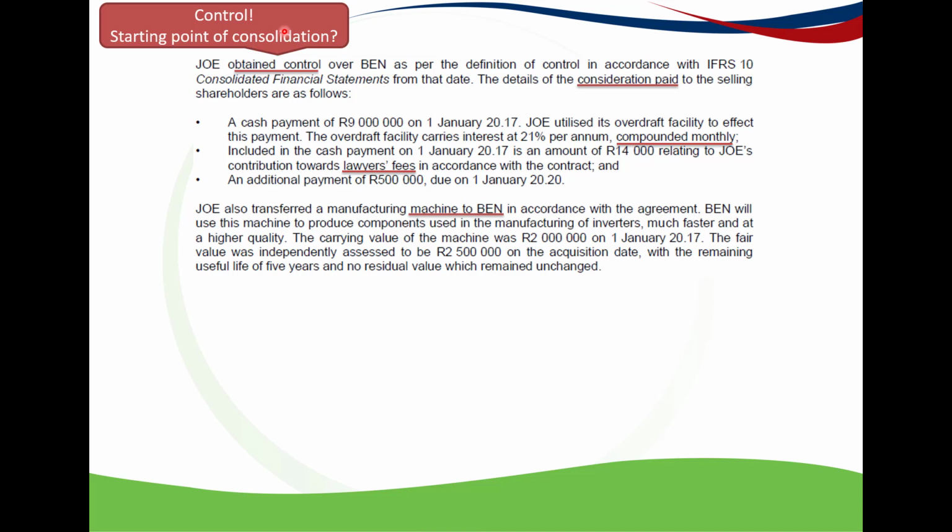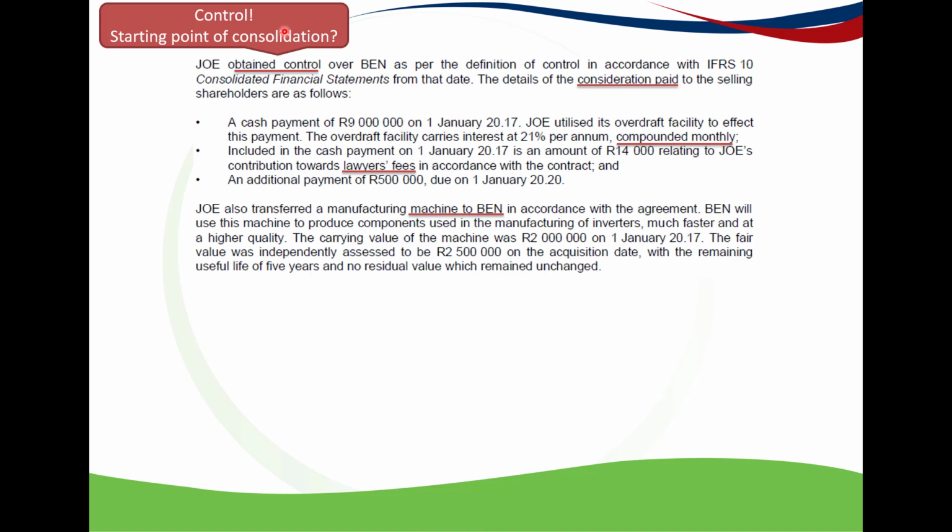It is 100% line by line the trial balance of the parent plus 100% line by line the trial balance of the subsidiary. And this gives us a combined trial balance. So on that combined trial balance, we will have the investment in subsidiary line item, and we will have all the carrying amounts of the trial balance of the subsidiary.